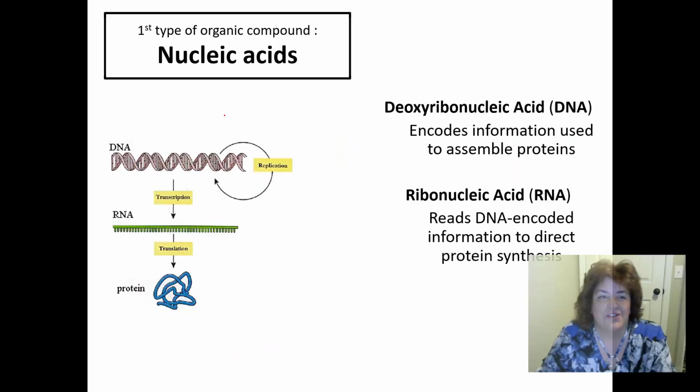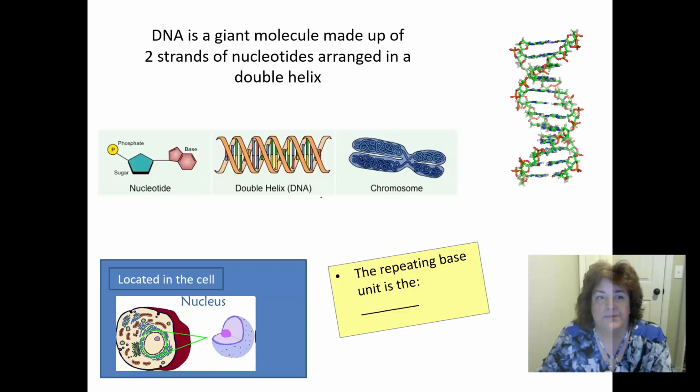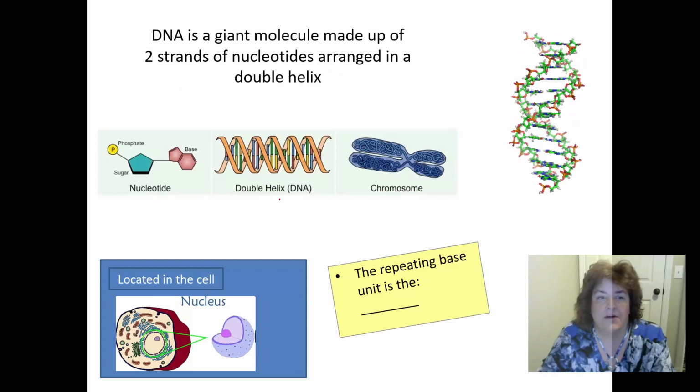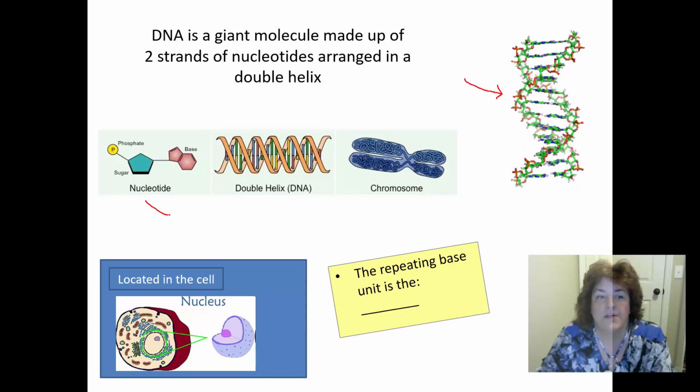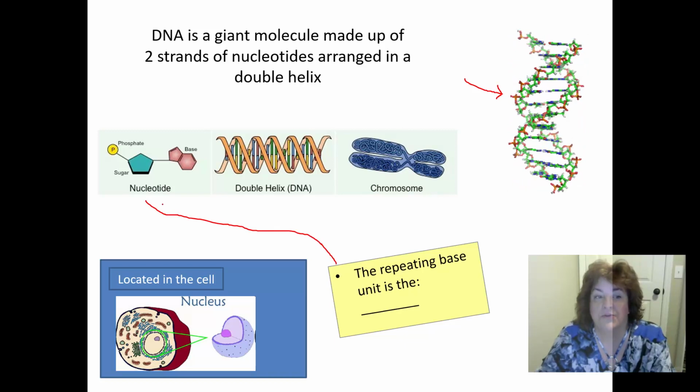Okay. So first off, just a very little bit here about nucleic acids. These are carbon-based molecules, of course. Most people have heard of DNA. RNA is going to be a single copy of that DNA that allows us to create proteins. DNA itself is a double-stranded helix. Again, it is made up of repeating base units called nucleotides.